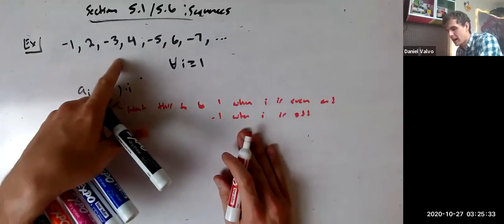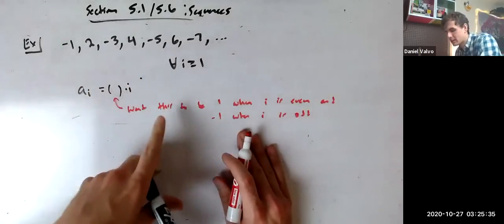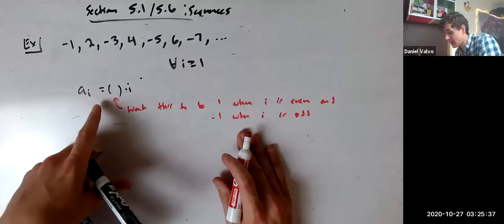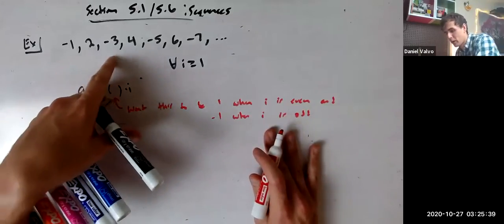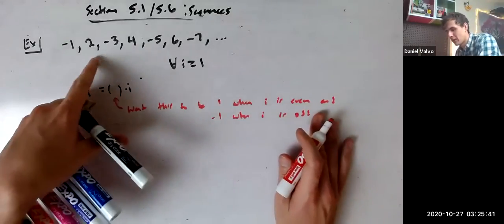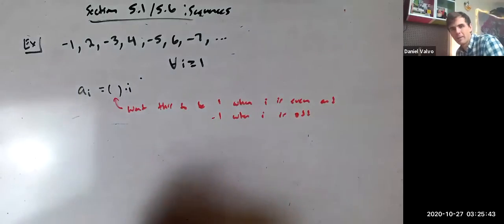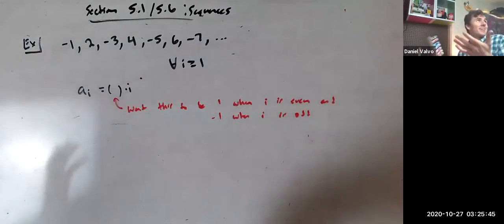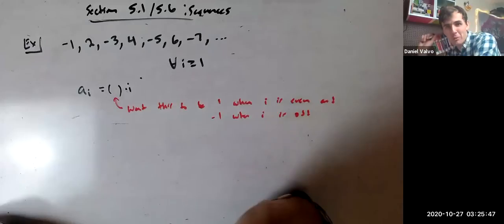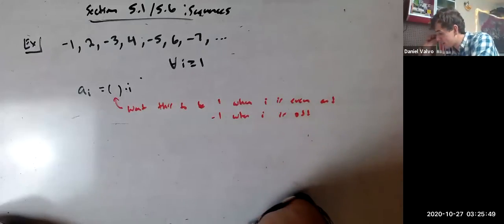Because then notice all the odds have negatives on them. If this thing we have multiplied by is -1 when i is odd, that works for that. And if it's 1 when i is even, that gives us 2, 4, 6, 8, just like the original. So what can you think of that is 1 when i is even and -1 when i is odd?